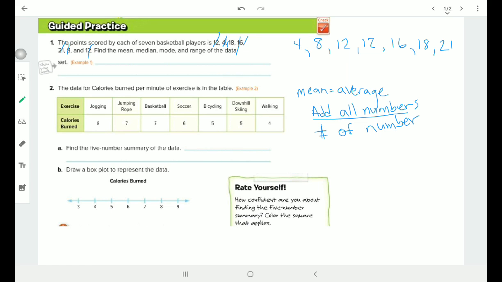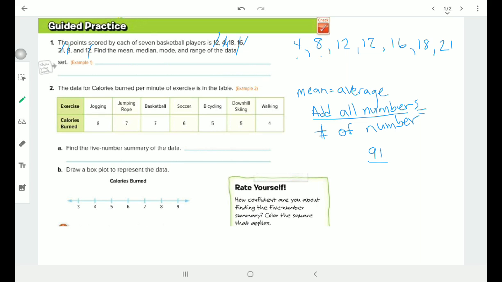In this case, I'm going to add together 4, 8, 12, 12, 16, 18, and 21. When you do that, you get 91. And then divide it by the total number of numbers.